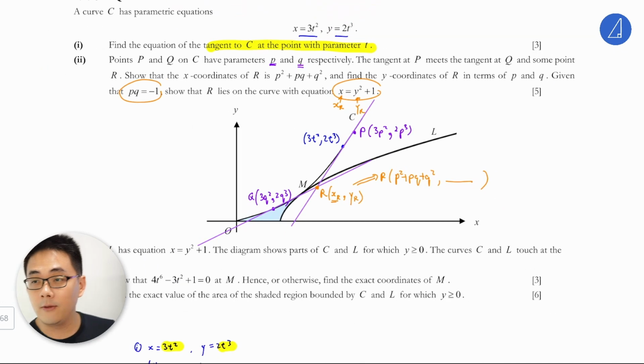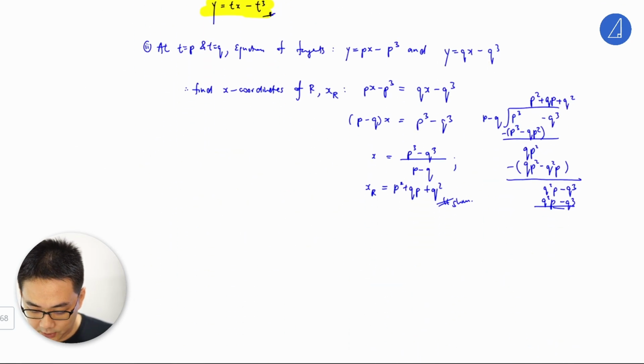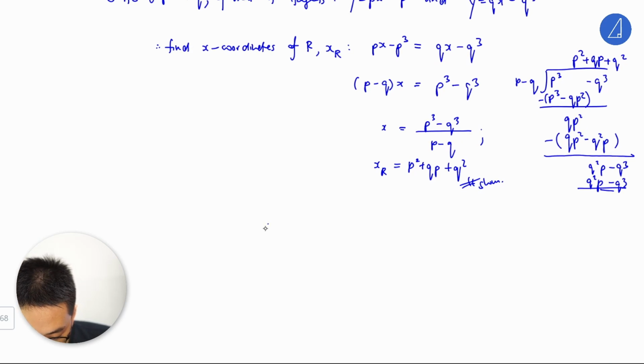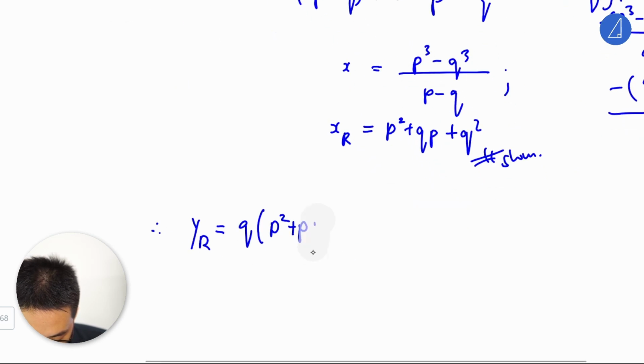Of course, if you do not want the substitution way, I reckon there will probably be another way to do it. But I'll just show you. Just find yR first. So from this case here, hence yR will just be q xR, right? q times p squared plus pq plus q squared.